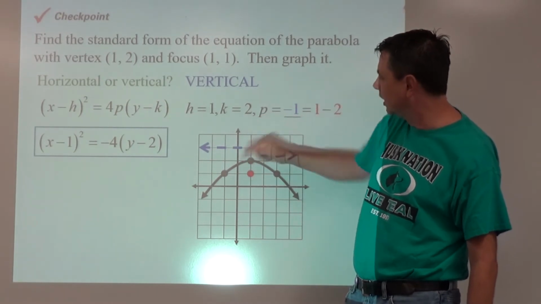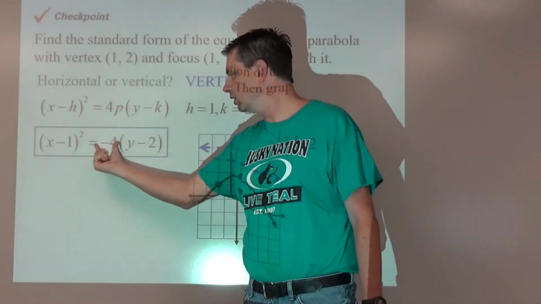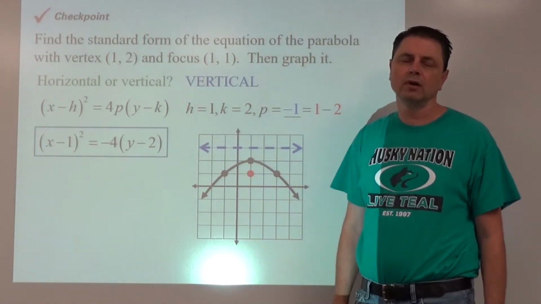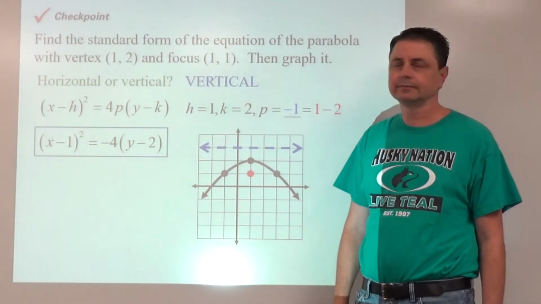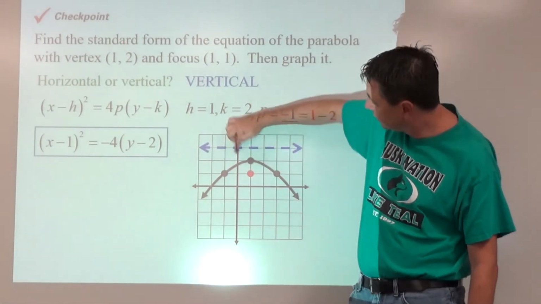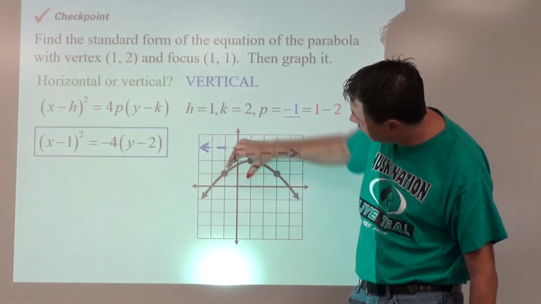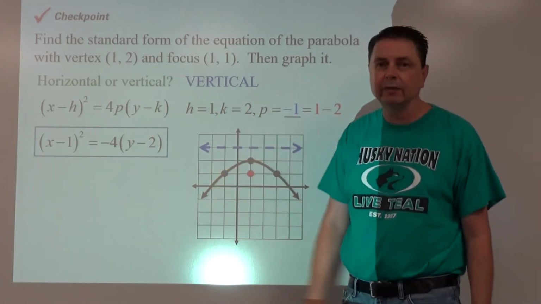We went down 1, so p is -1. That goes here. 4 times -1 right there. And that's our standard form for parabolas in terms of conic sections. Okay. The graph, besides those points, since this distance is 2, we go 2 left, 2 right, and there's our parabola.